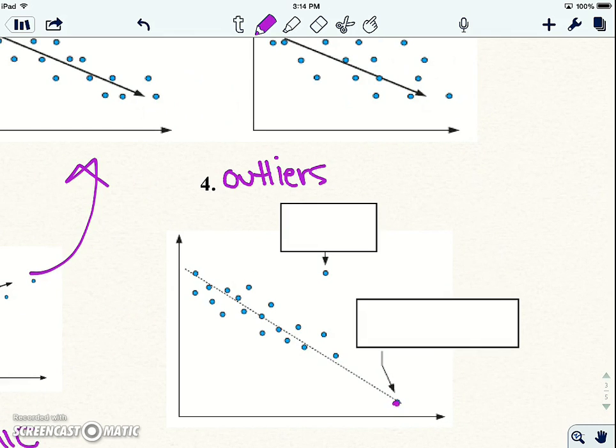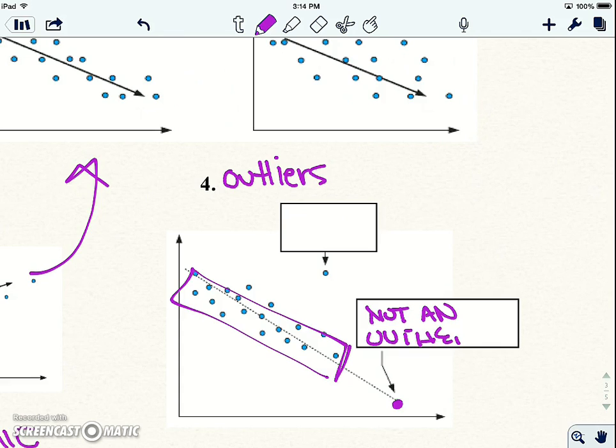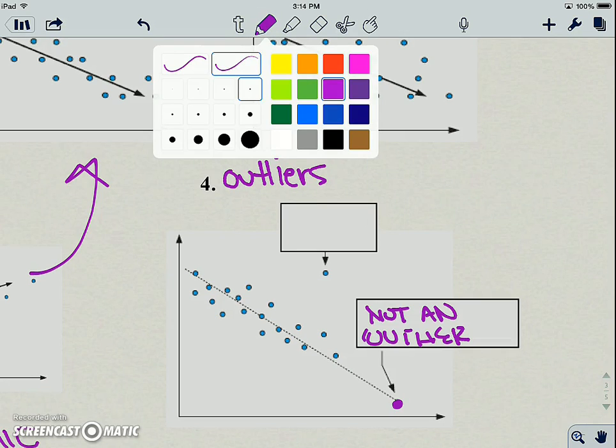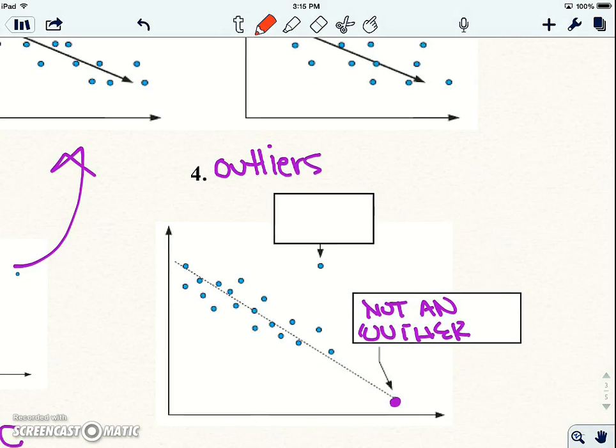This one that's all the way far from the data points, you might think is an outlier, but it's not. And that is because it's still right in line with our line of best fit. However, this one here is an outlier.